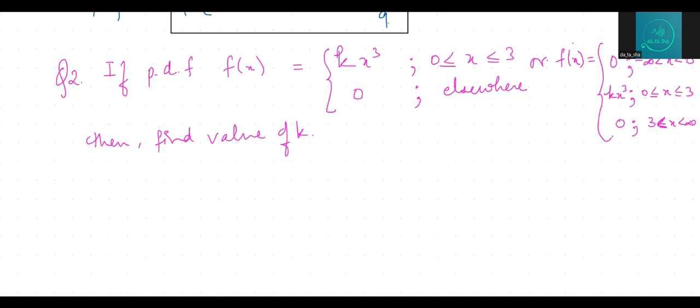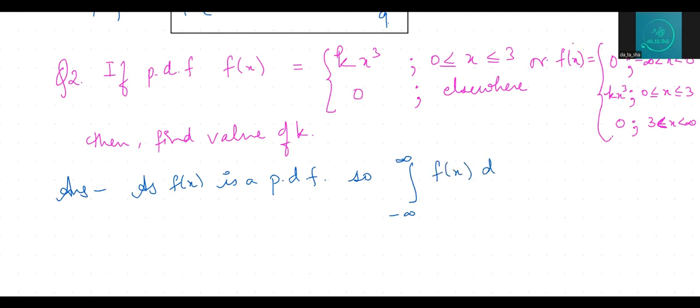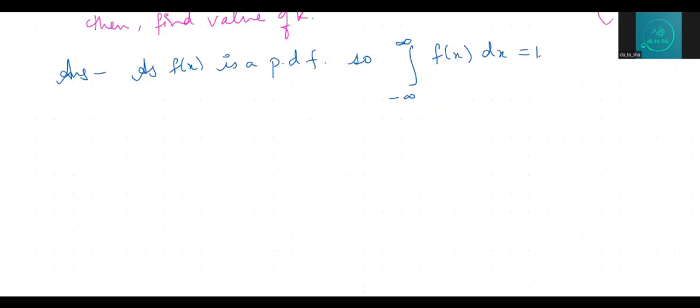This is how we can describe our function. So we just need to find out the value of k. We will consider here that f(x) is a PDF, so the integral from minus infinity to infinity of f(x) dx has to be equal to 1. Using this property, we can find out the value. Breaking the integral, minus infinity to 0, then 0 to 3, 3 to infinity.